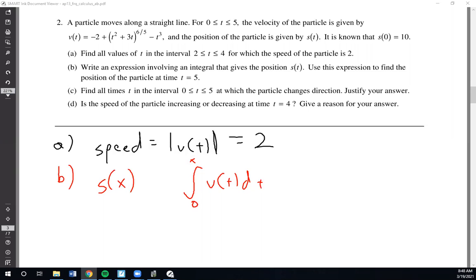Right? That tells me how far we went. So then I need to also factor in where we started. Well, that's s of 0 being 10. And so we're going to say it's 10 plus this integral. So the position function is saying start at 10 and then go this far.